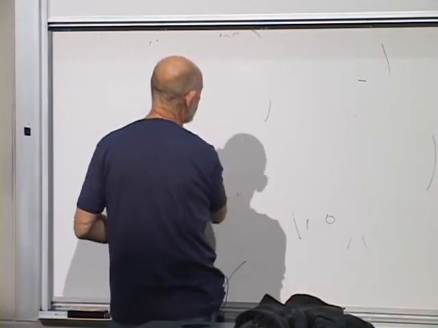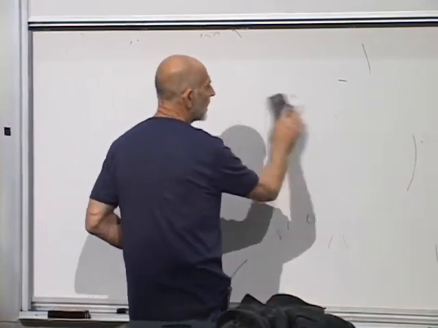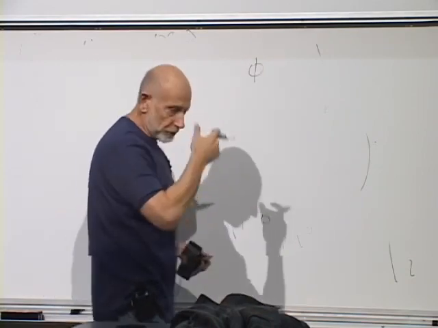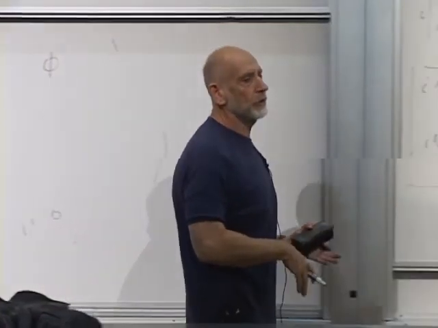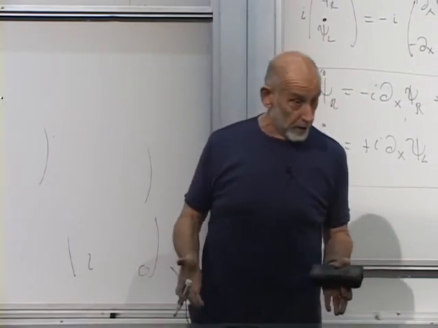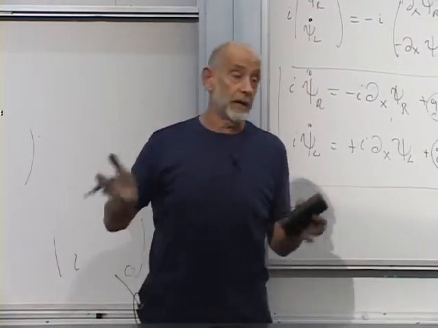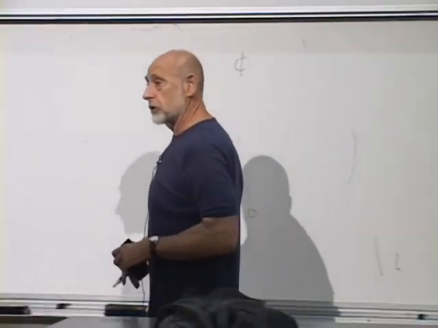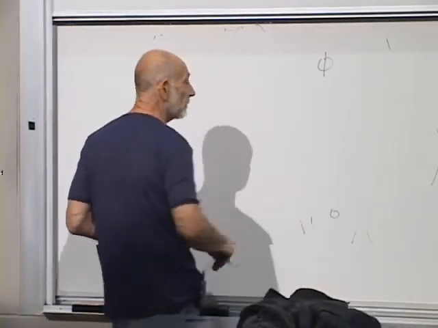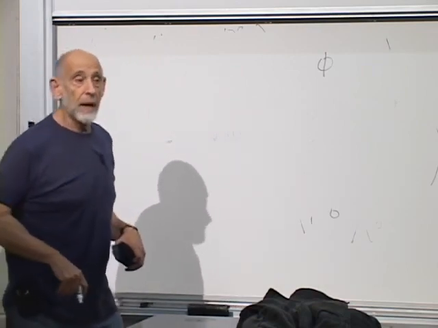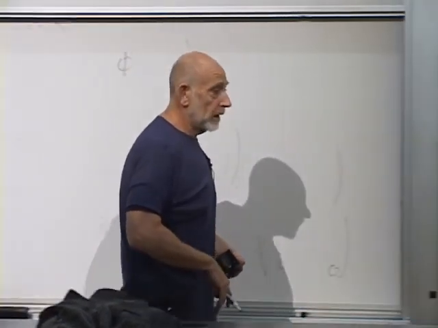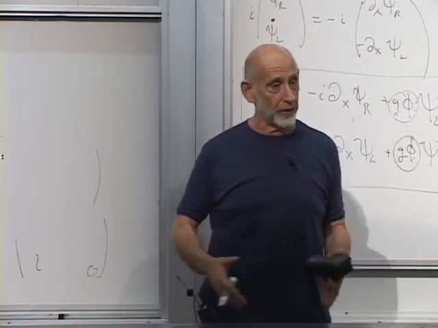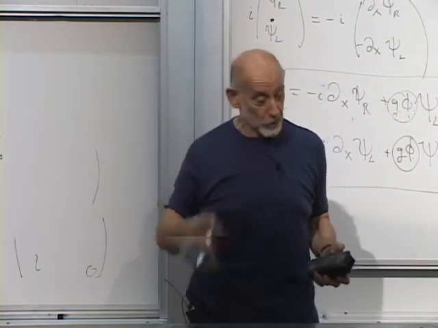The Higgs field is a bosonic field. Bosonic fields, let's call it phi, have potential energy. They first of all have energy which depends on the gradients of the field, both space gradients and time gradients. Let's not worry about that. They also have energy which just depends on the value of the field itself. The Maxwell field, for example, has energy which is E squared plus B squared, electric field squared plus magnetic field squared.